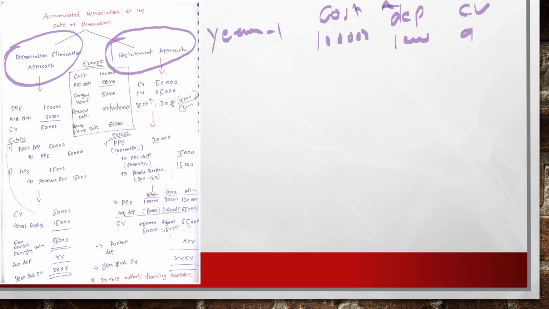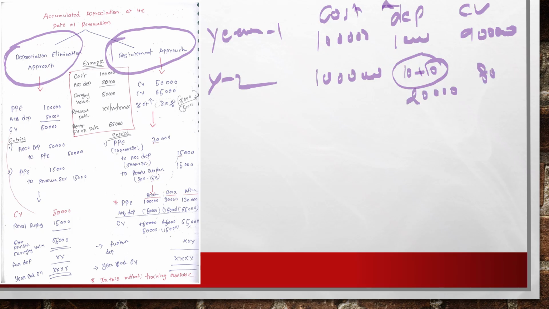Then carrying value 90,000. Year 2, generally cost would be the same, and your depreciation is opening 10,000 plus additional depreciation 10,000. So accumulated depreciation is 20,000 now, and then net value is 80,000. That is the WDV, or carrying value.